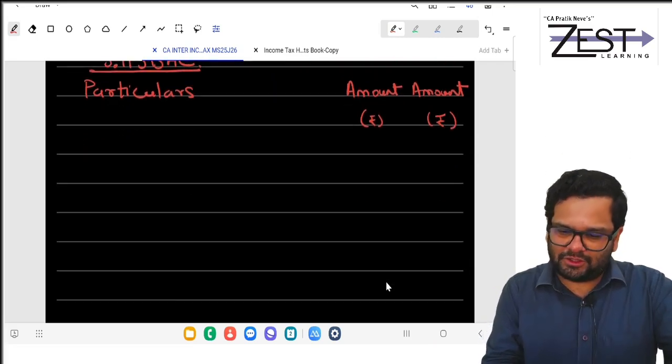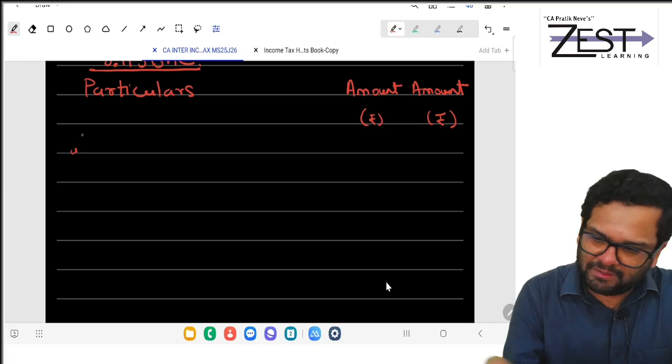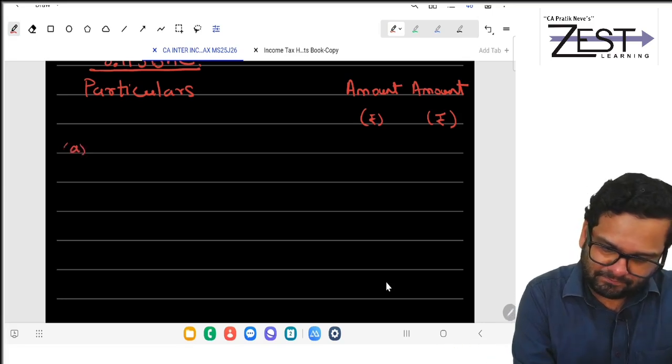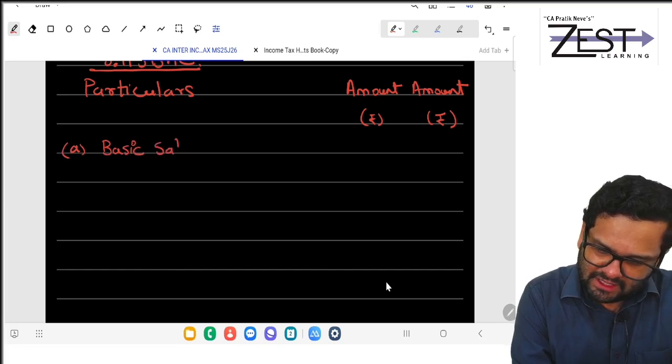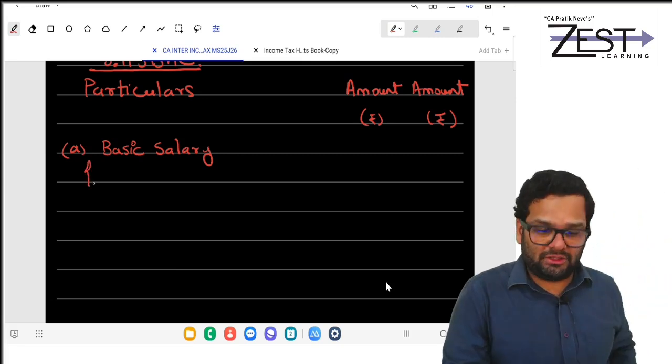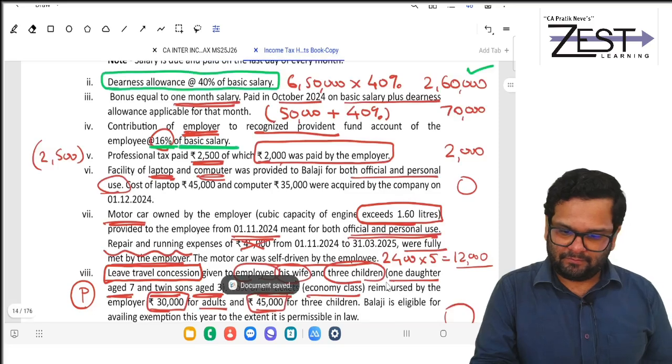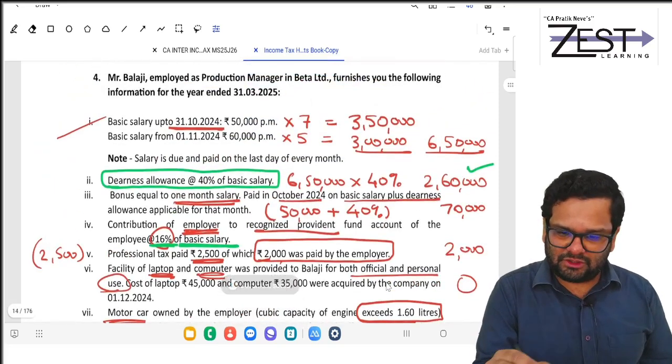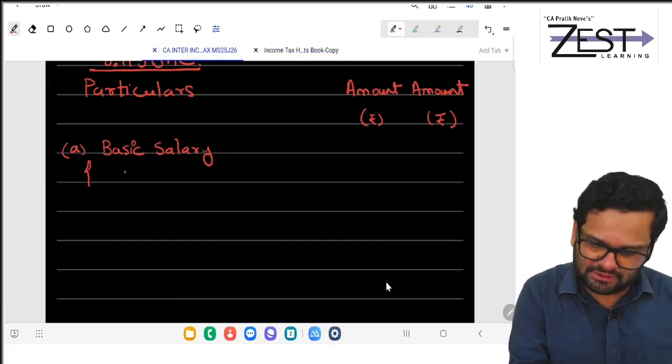Let us start. What is the first point? Basic. What is the basic salary? Basic salary, I think, has changed in between. Starting it was how much? 50,000. 50,000 continued for 7 months.